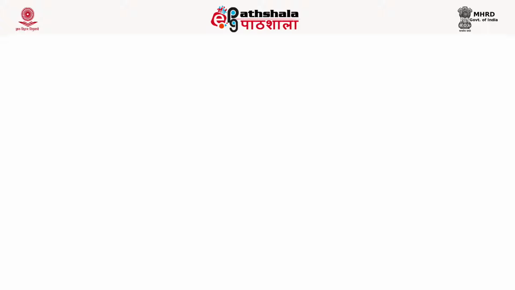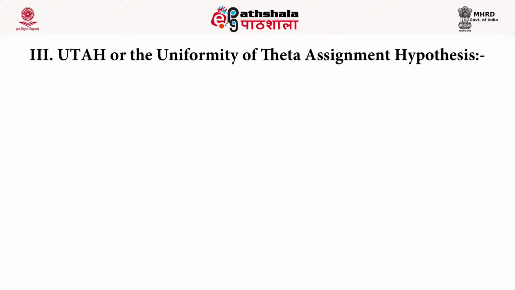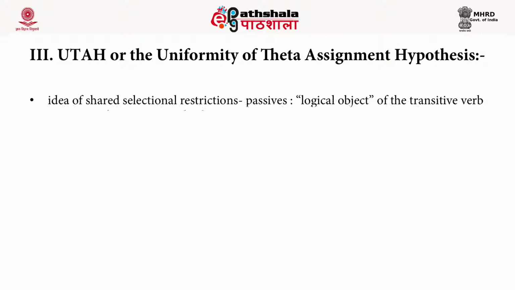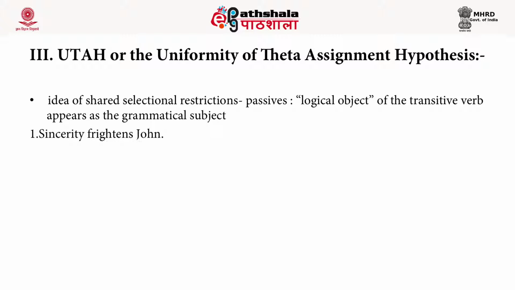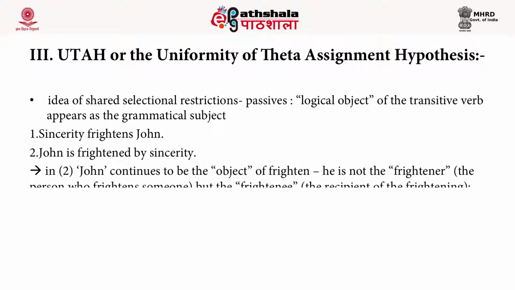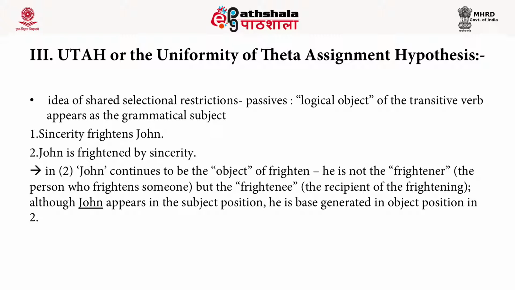Let us move on to our next topic, that is UTAH, or the uniformity of theta assignment hypothesis. The idea of shared selectional restrictions, which was applicable in passive, is that the logical object of the transitive verb appears as the grammatical subject in the passive. The minimal pair we saw before: "Sincerity frightens John" versus "John is frightened by sincerity."